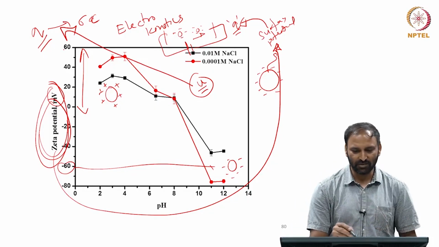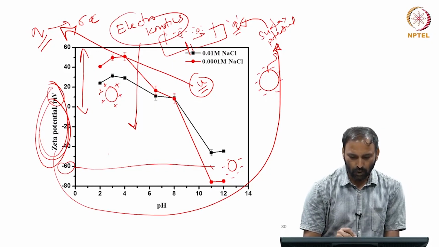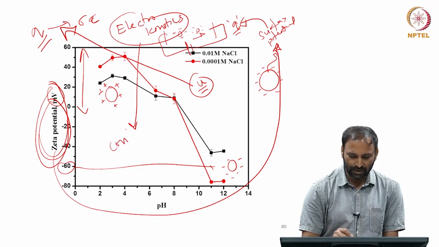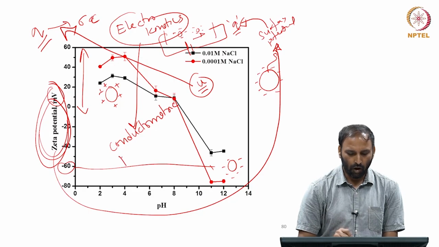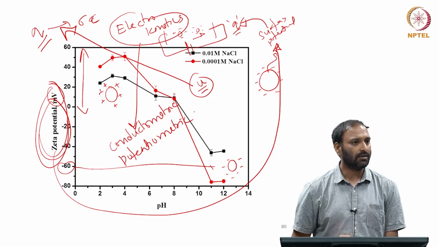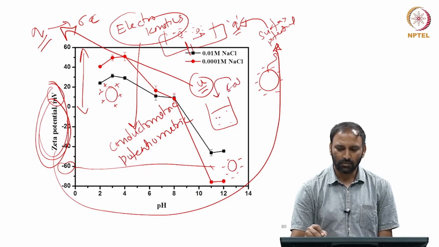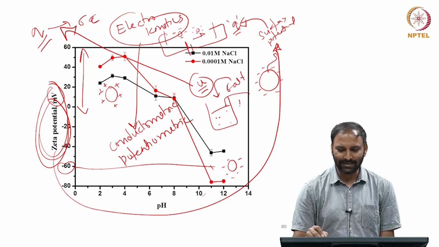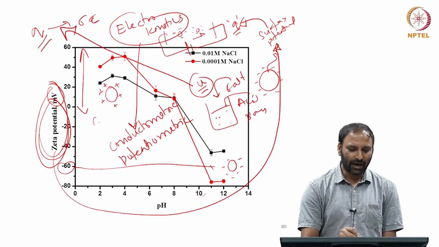There are other methods of measuring it, not only electrokinetics. There are ways by which people do conductometric titration or potentiometric titrations, in which you take a dispersion of particles and then add a salt, or an acid or a base, and then measure the change in the conductivity or pH.